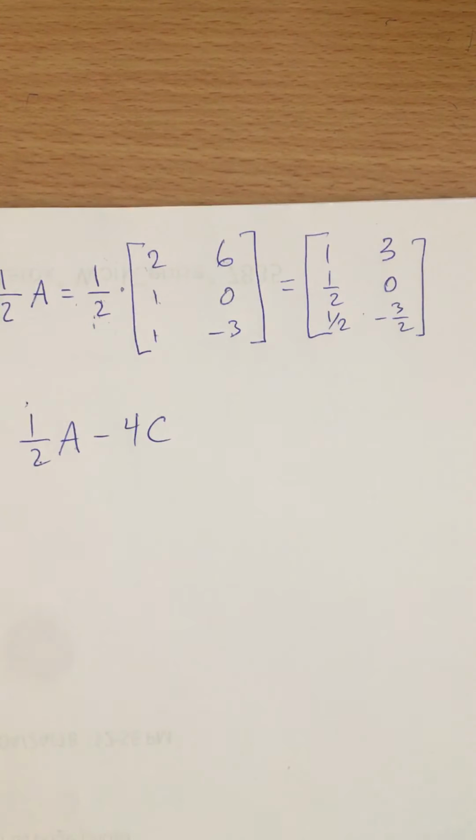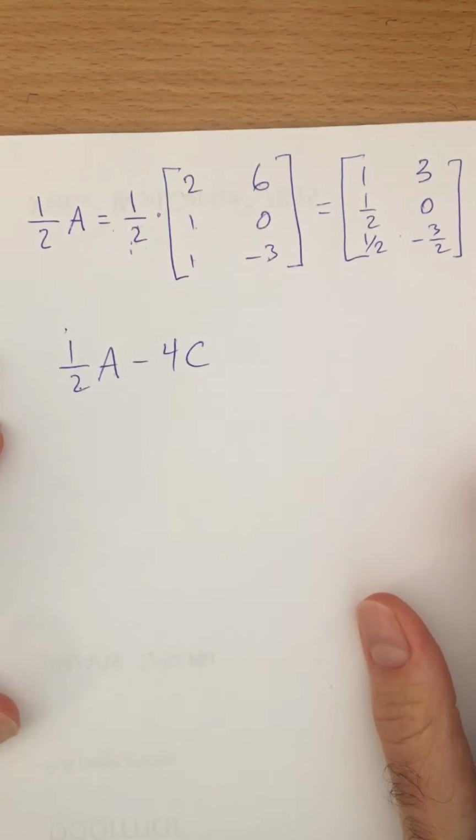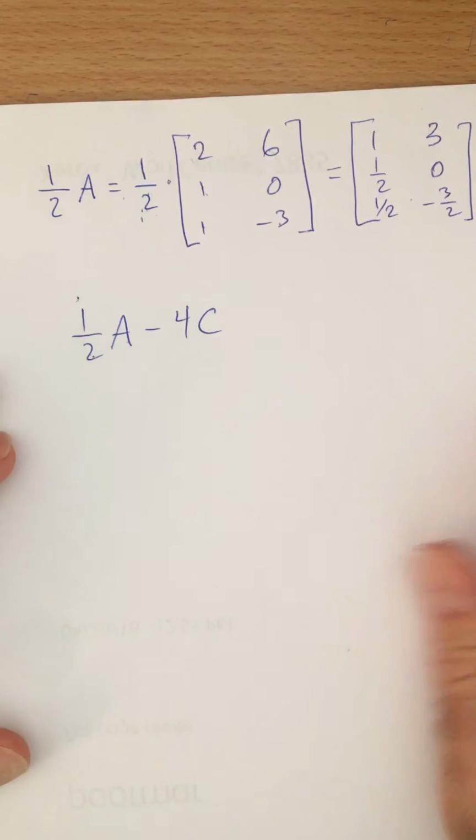Just like the order of operations with regular numbers, multiplication and division come first, and then addition and subtraction, for matrices. Now, I would like to perform some multiplication of matrices.